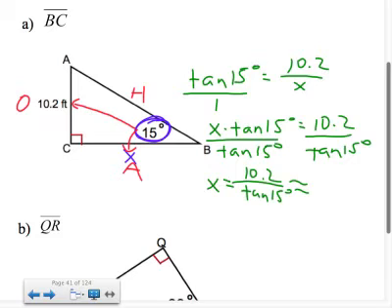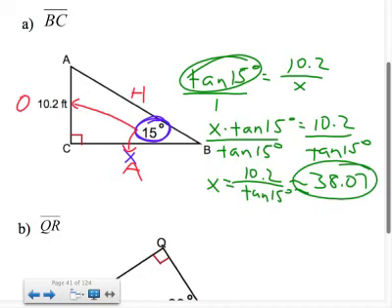In other words, don't plug in for tan 15 right here and put a decimal, because the earlier you plug that in and get a decimal, the further away from the exact answer your approximation is going to be. So 10.2 divided by tangent of 15 equals 38.07. 38.07 feet. Make sure you put units on there.